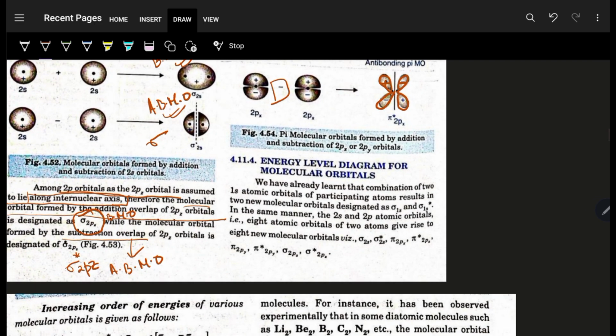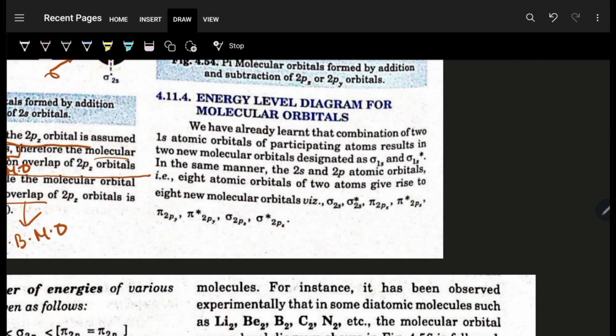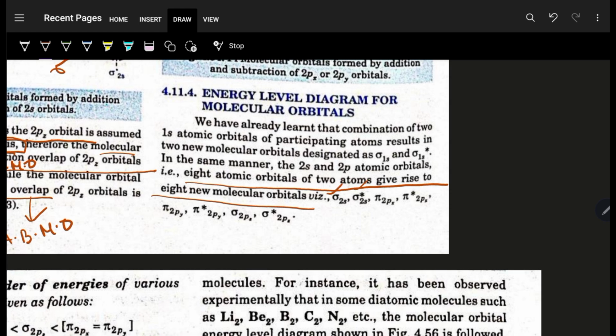Now the energy level diagram for molecular orbitals, this is very, very important. We need to know how to draw the energy level diagram, how to write the molecular orbitals. Okay, so here we can see that 8 atomic orbitals of 2 atoms are giving rise to 8 molecular orbitals, and so these are the molecular orbitals sigma 2s, sigma star 2s, correspondingly bonding, anti-bonding, pi bonding, pi anti-bonding.